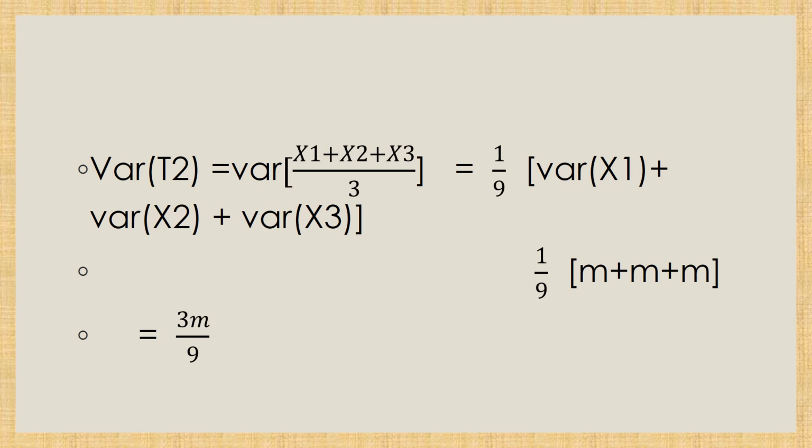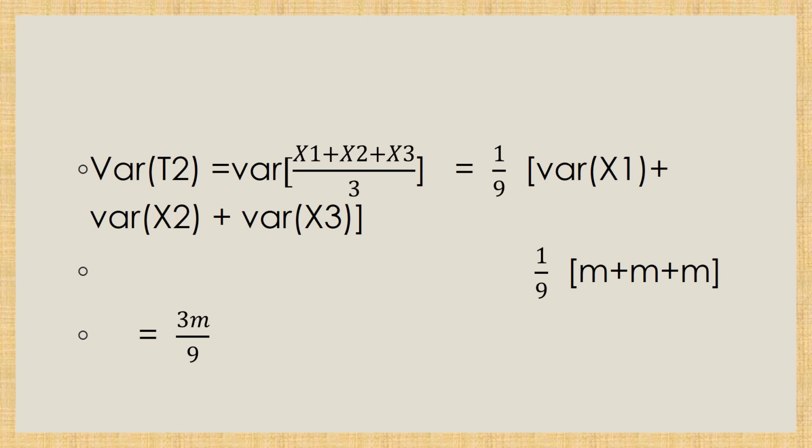Let's look at the variance of T2. It's given by the variance of x1 plus x2 plus x3 all over 3. So here we'll have 1 over 9 times the variance of x1 plus the variance of x2 plus the variance of x3. The variance of x1 is m, the same as the variance of x2 and of x3. So m plus m plus m gives us 3m, and 3m times 1 over 9 gives us 3m over 9.